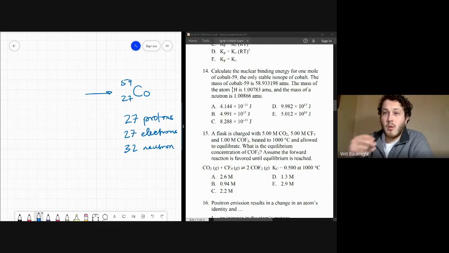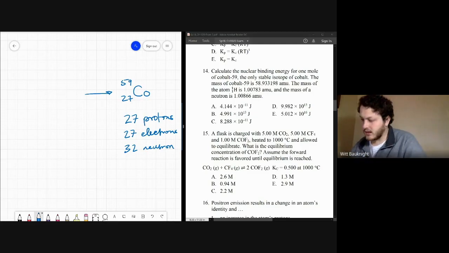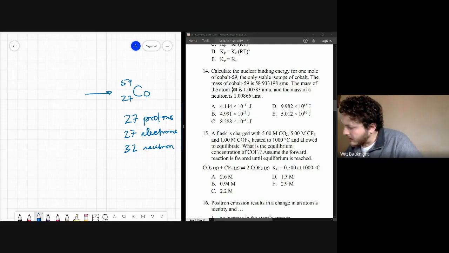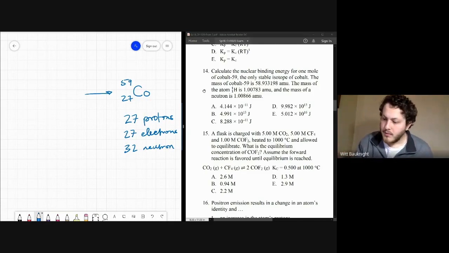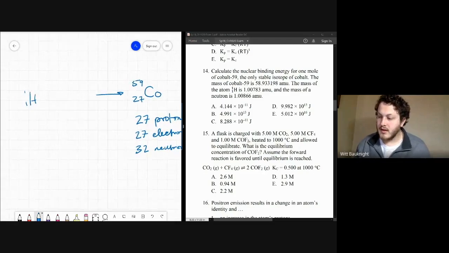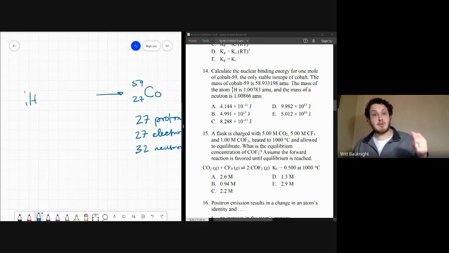But what are the components that make up this molecule? We're only told about the mass of a hydrogen-1 (1,1H) and the mass of a neutron. Well, what's in a 1,1H? That's just a hydrogen atom that has a single proton and a single electron. So when we have 1,1H over here, how many hydrogens must there be to equal 27 protons and 27 electrons?